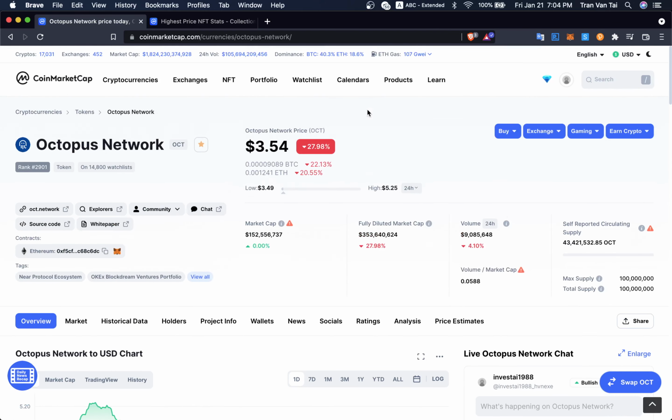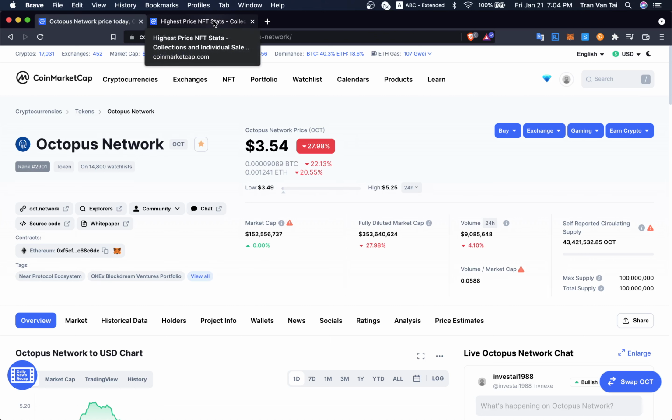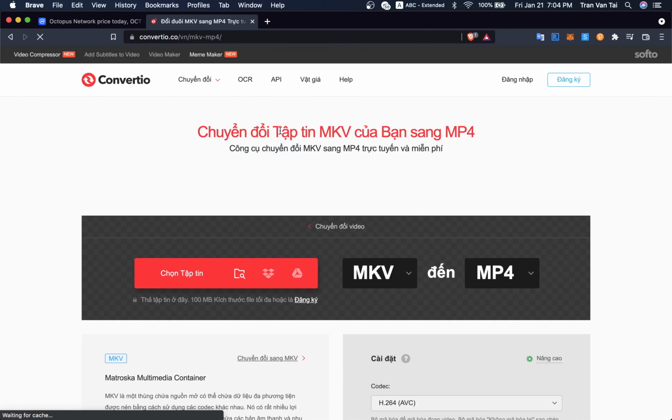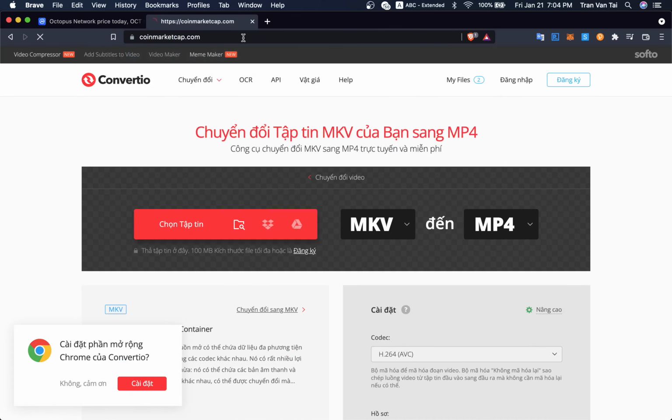It decreased a lot, 30% in only one day. Currently the market is in red because BTC is down today. We will check into the main page.